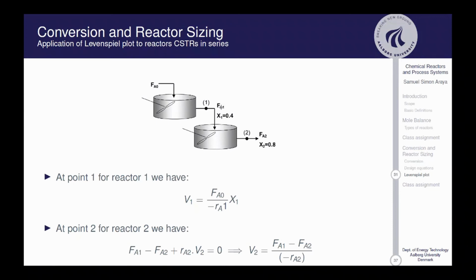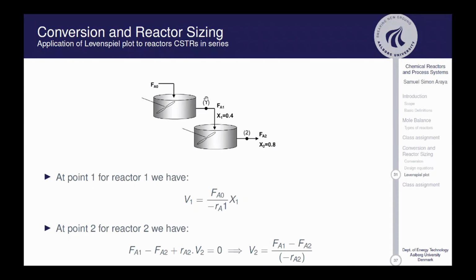So this FA1 is FA0 of the second reactor. But when we talk about the conversion, this conversion 0.8 is in reference to this initial flow.